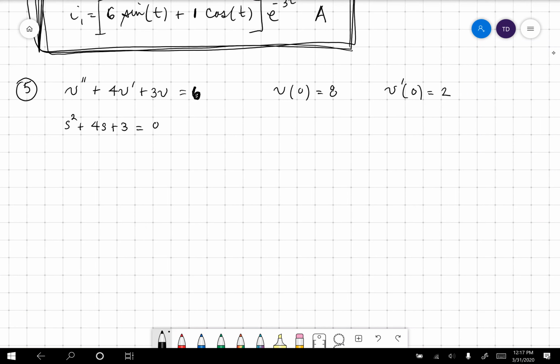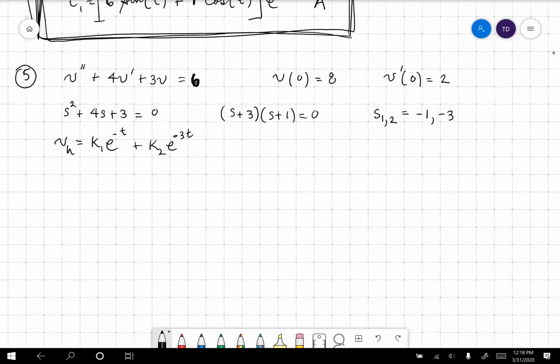So factoring this, we end up with S plus 3 times S plus 1 is equal to 0. And you can see that S1 and S2 are equal to -1 and -3. Therefore, the homogeneous response, V homogeneous, is equal to K1 e to the minus t plus K2 e to the minus 3t.